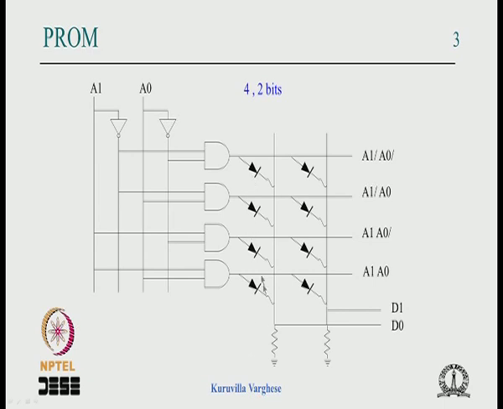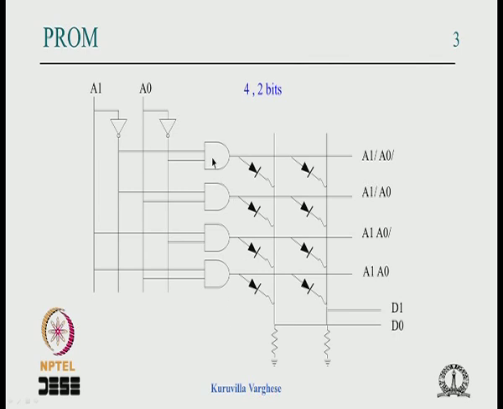So this is a fixed AND, you have 2 inputs, so you have 2 raised to 2 min terms, A1 bar A0 bar, A1 bar A0, A1 A0 bar and A1 A0, all the min terms are there. So suppose you have n inputs, then you can imagine there will be 2n vertical lines, n inputs and their complements, and there will be 2 raised to n AND gates here.